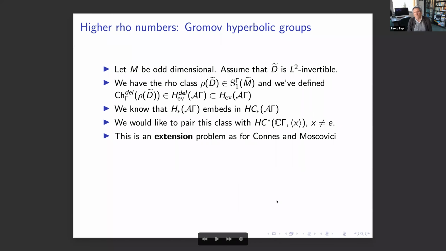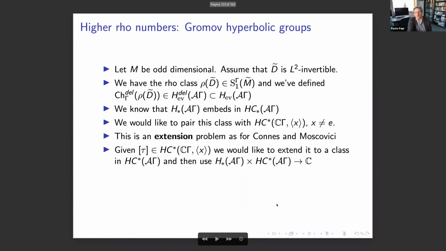So this is an extension problem similar to the extension problem in the paper by Connes and Moscovici that I explained before. In other words, you cannot always do that.